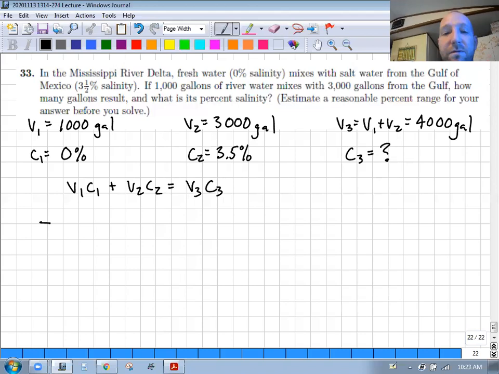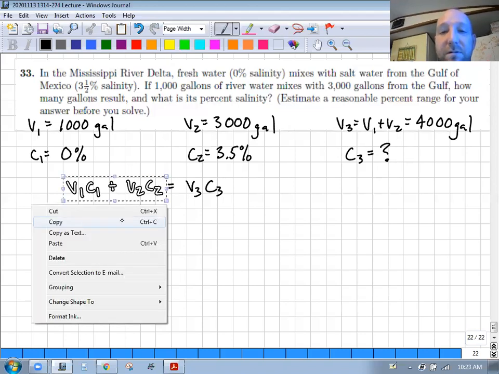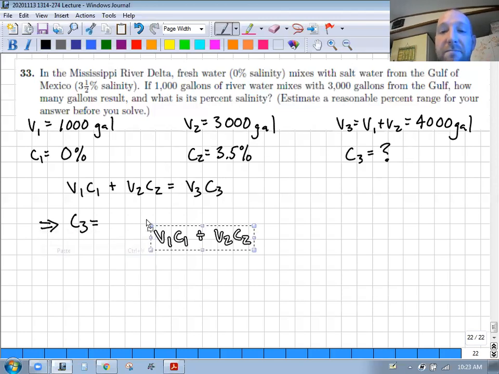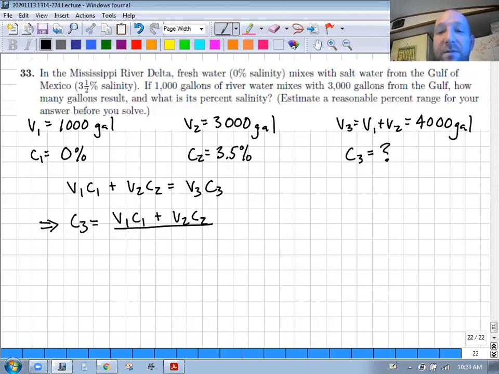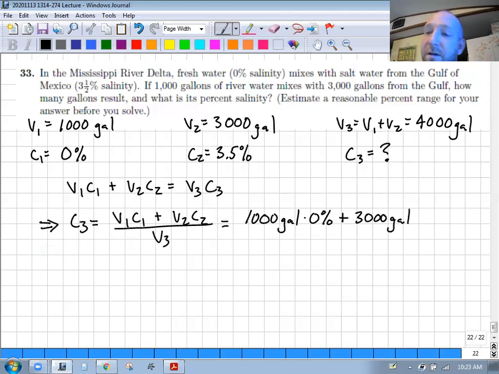So C3 is all of that divided by V3. So V1, 1,000 gallons at 0%. V2 is 3,000 gallons at 3.5%.